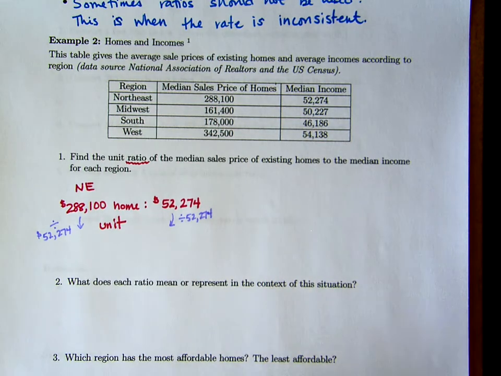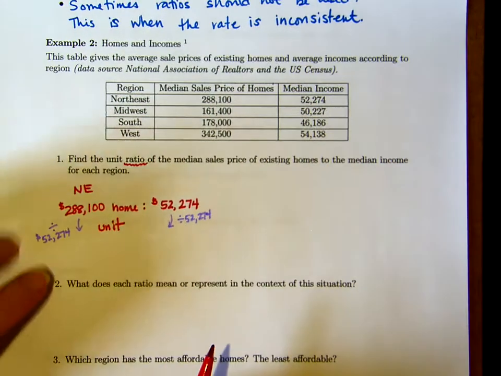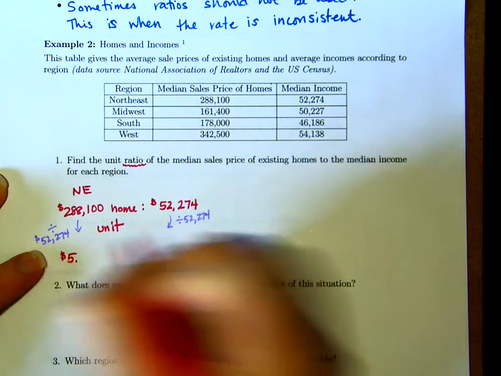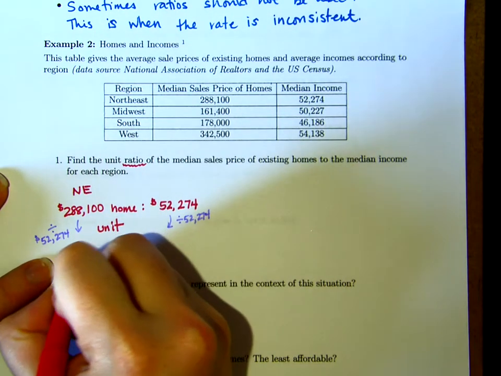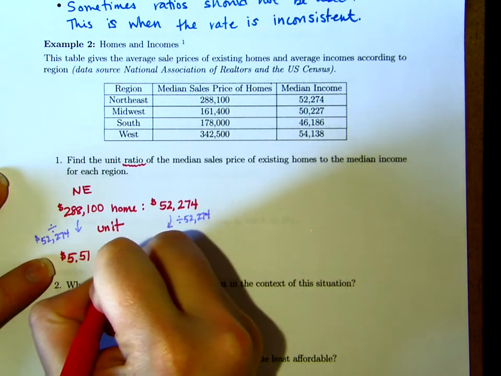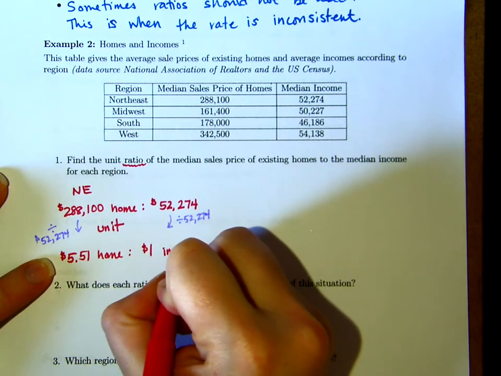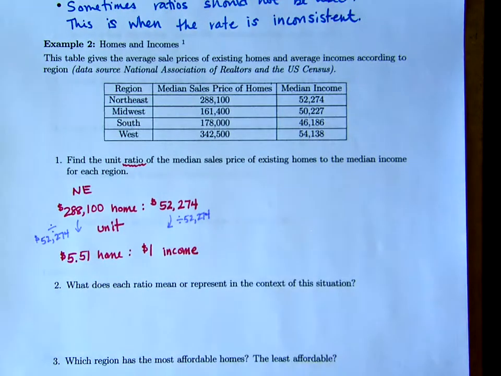On my calculator, I got that you spend about $5.51 on a home for every $1 of income you make in the Northeast.